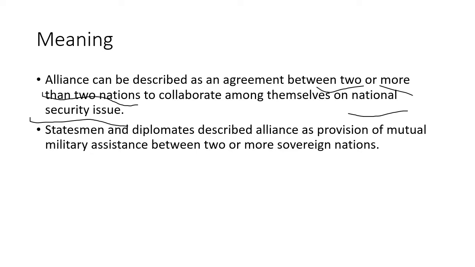In the pre-World War One period, alliances were usually made for cooperation, but in case of war the allied states were liable to protect each other. So alliances are different from pacts, coalitions, and blocs.